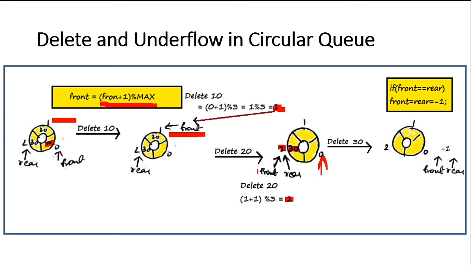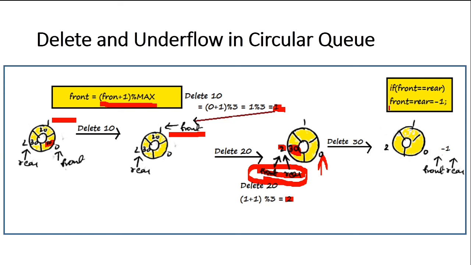When front and rear both are pointing to the same position, that means it is an empty queue. When you are deleting 30, front and rear both will be pointing to the same position, right?